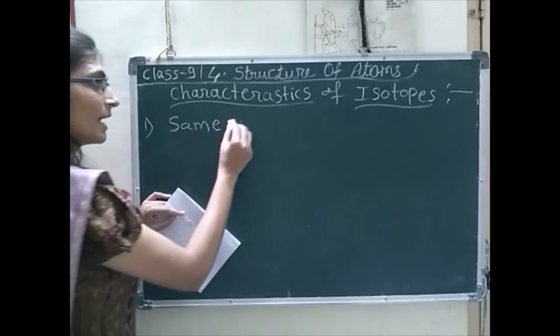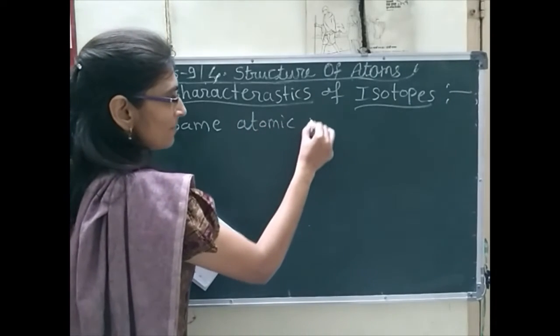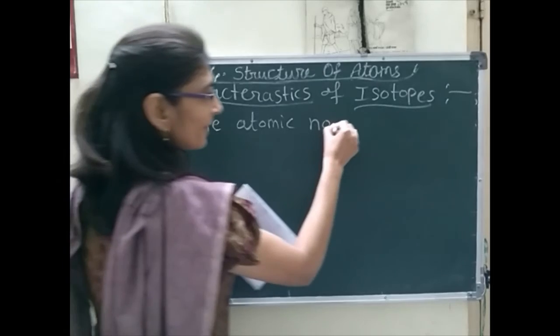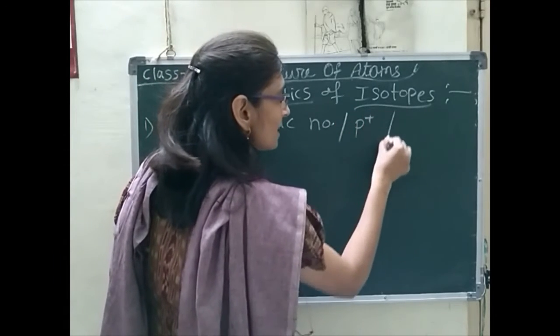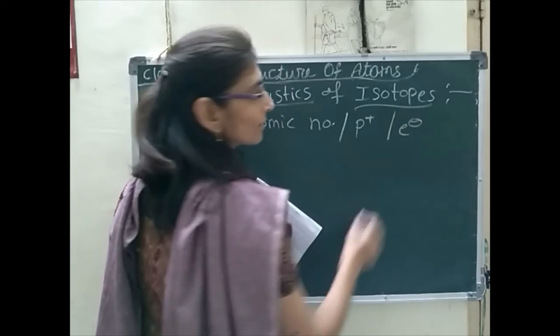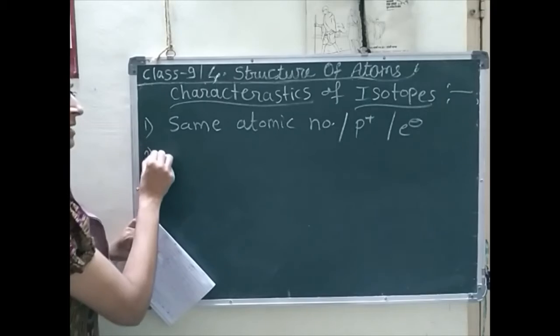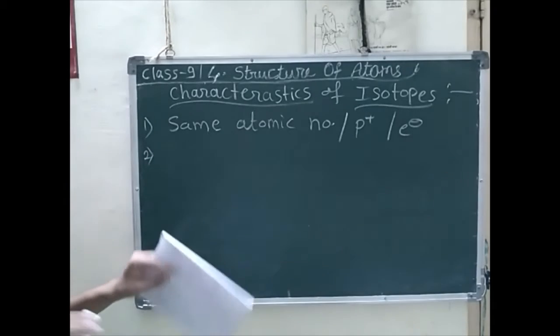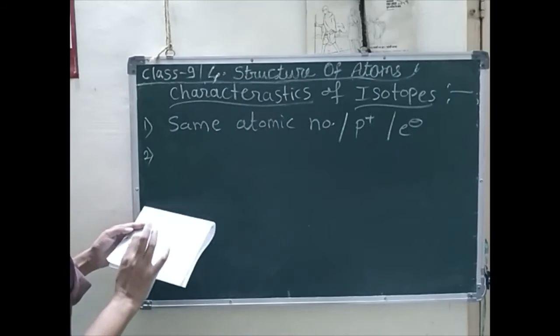Isotopes are having same atomic number, as well same number of protons, as well same number of electrons. This is the first characteristic. I will write it on a page in detail and send it to you.